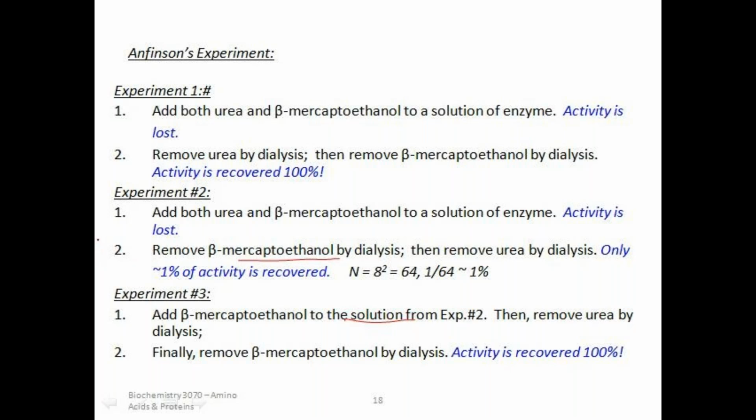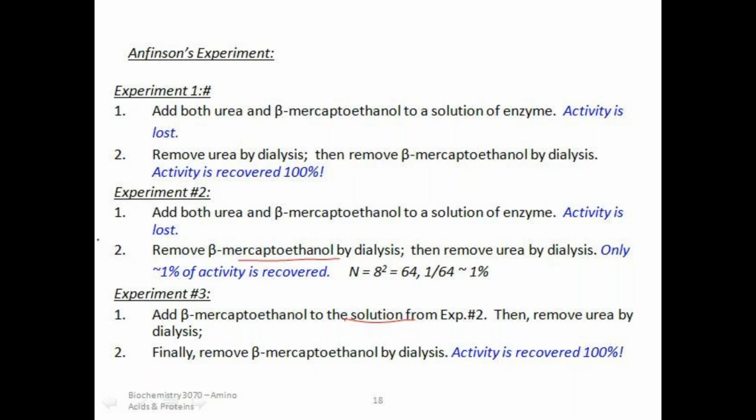Okay, in the first experiment, after the addition, the enzyme activity is lost, and he removed the urea by dialysis process, and then he removed the beta mercaptoethanol by dialysis process. But the activity is recovered 100%.